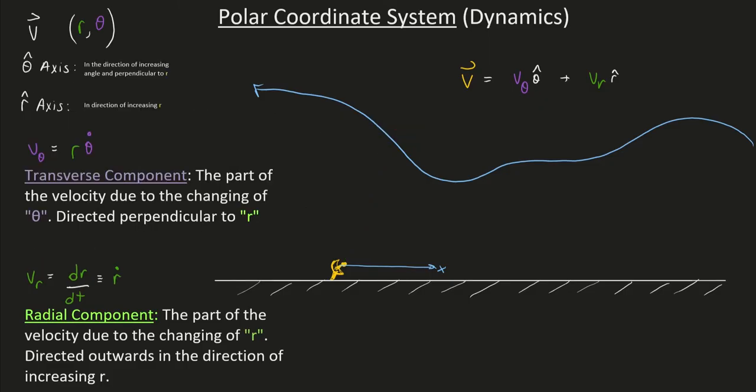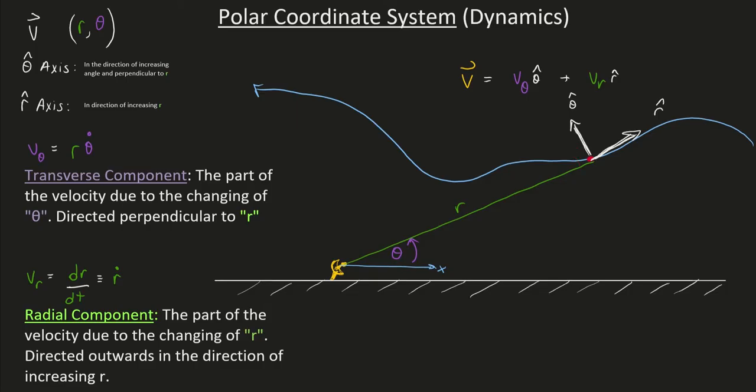So, just to try this out, let's say I was here. My radial line would be this, so this would be my r. My theta would be this right here, of course. My r-axis will be away from my origin in the direction of increasing r. My theta axis, my transverse axis, would still be this way because this is that general direction of increasing angle. And of course it also has to be perpendicular to r.